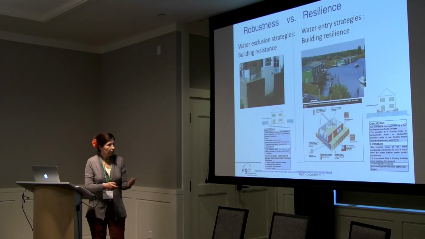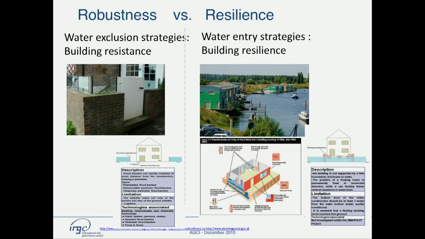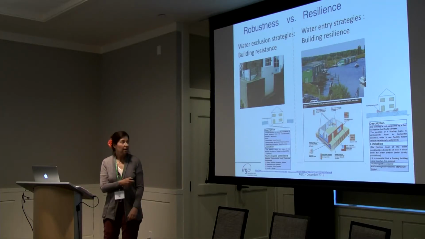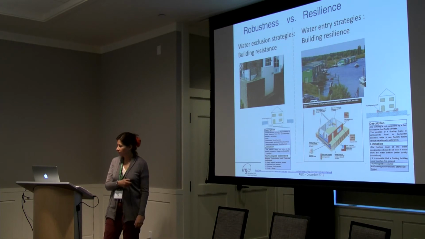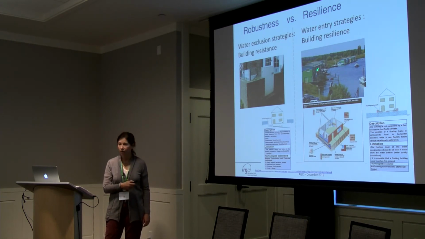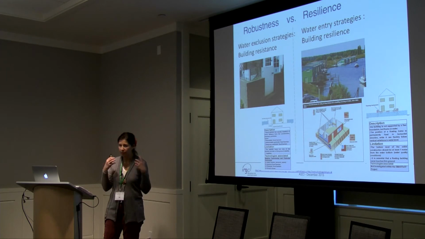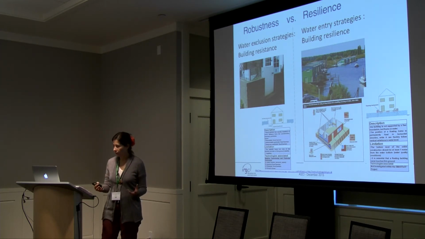Now, just a couple of illustrations. I want to illustrate robustness versus resilience. There is much focus on resilience, but don't forget robustness. This is an example from flood management. If you can do water exclusion strategies, building resistance, and you believe it will be enough, at least for small events, then do it, because frankly it is much less expensive than strategies building resilience, like building floating houses, which is increasingly being done in the north of Europe, in the Netherlands.